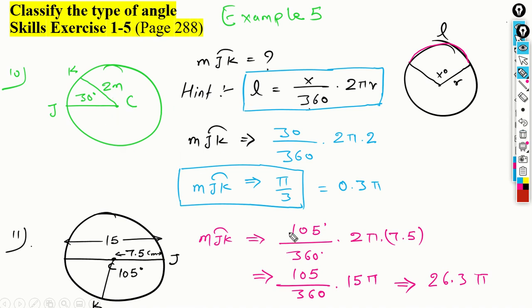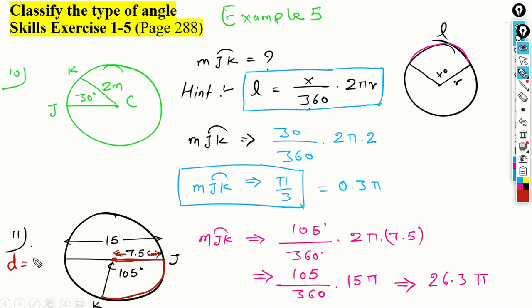Okay, let's try to understand question number 11. It is asking measurement of arc JK in this circle. Now the circle has changed, so arc J to K. Here the diameter is given as 15. If the diameter is 15, so this side will be 7.5. So the radius is 15 divide 2.